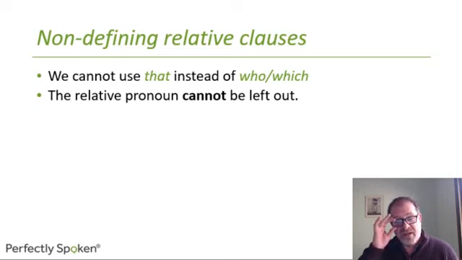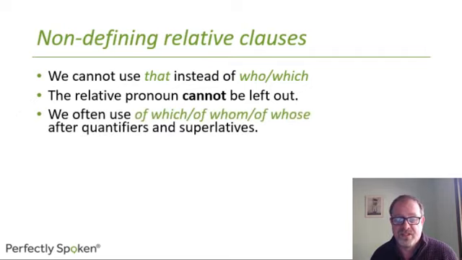Also remember, in defining relative clauses, we can leave out the relative pronoun who, which, etc., where the relative clause refers to the object of the sentence. But with non-defining relative clauses, it's not possible. We'll look at some examples later to practice this.